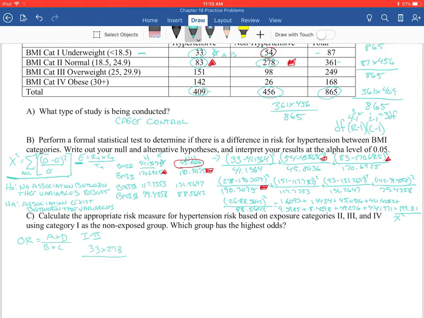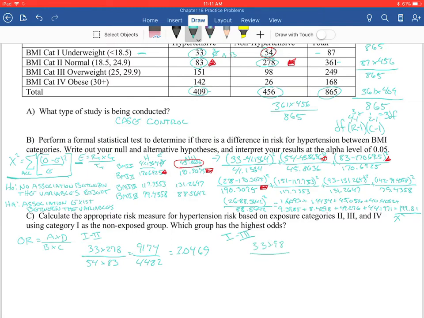So for category 1 as our control and category 2 as the group, you're going to take 33 times 278 divided by 54 times 83, which is 9174 over 4482, which equals 2.0469.